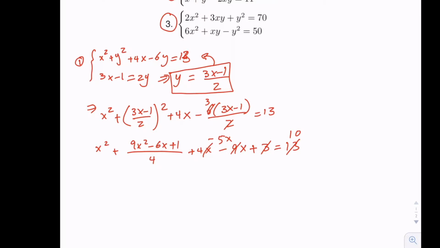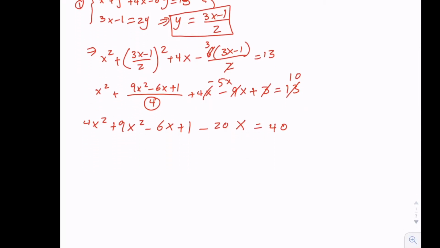Now I can multiply both sides by 4, so we get 4x squared plus 9x squared minus 6x plus 1 minus 4 times minus 5, which is 20x, and 4 times 10 is 40. So then we get 13x squared minus 26x minus 39 equals 0.